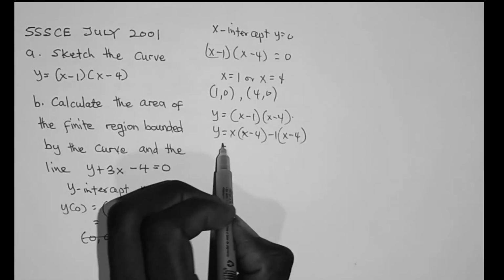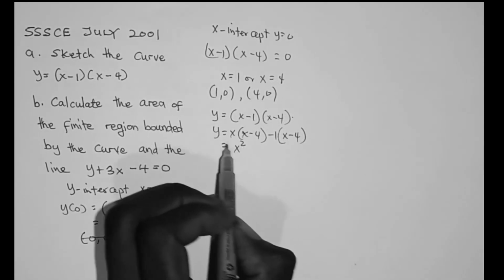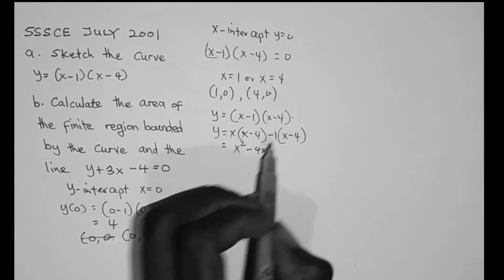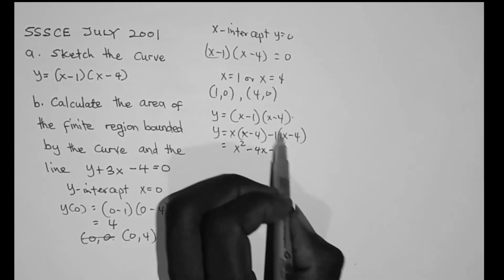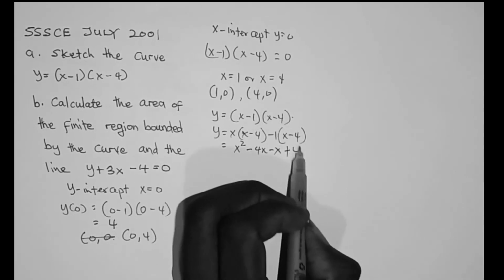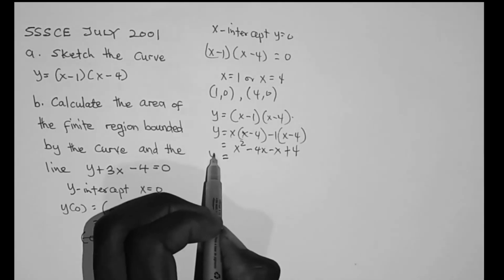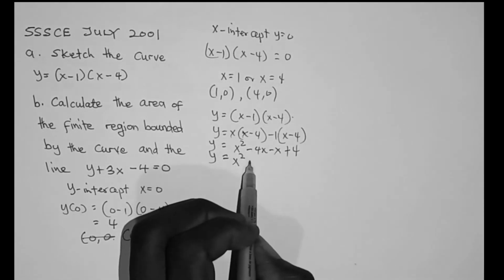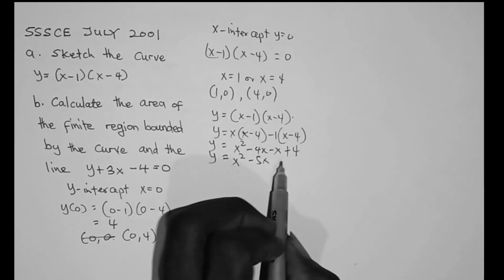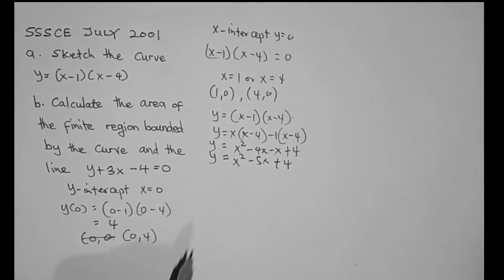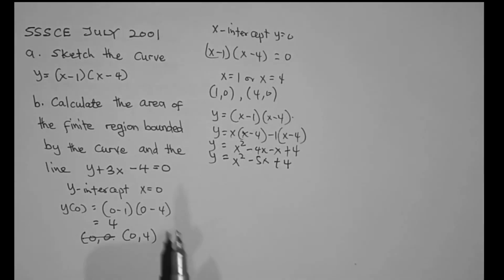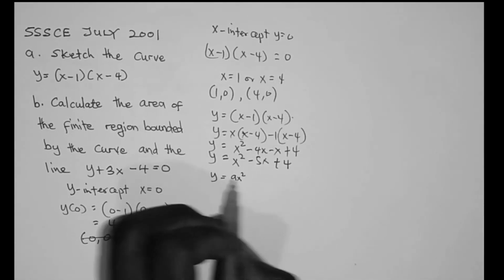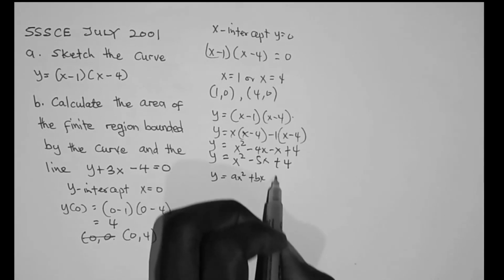So x times x is x squared, x times minus 4 is minus 4x, minus 1 times x is minus x, and minus 1 times minus 4 is plus 4. So y is equal to x squared minus 4x minus x, which is minus 5x, plus 4. So we see that this curve is of the form y equals ax squared plus bx plus c.